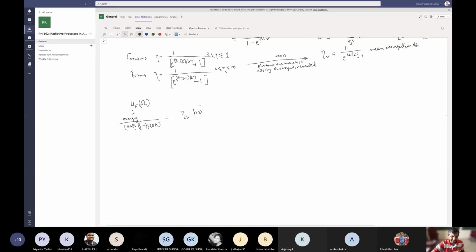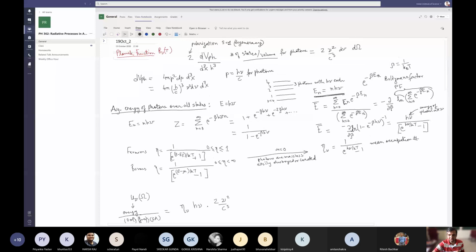This is the mean energy that we just calculated, times 2 nu squared by c cubed. Let's go back a little bit and see how you get this. This expression here, 2 nu squared by c cubed d nu d omega, is the number of states per unit volume for photons. E bar is the energy over all states for the photons.